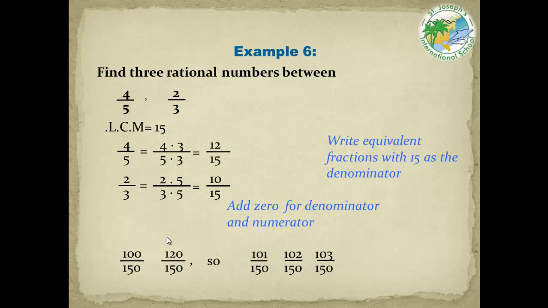Okay, now we can write any 3 rational numbers between them. Any 3 rational numbers, for example 101 over 150, 102 over 150, 103 over 150. Okay, someone may write 110, 111, 112, the same.